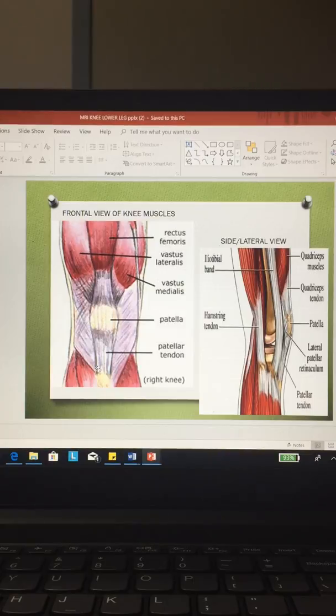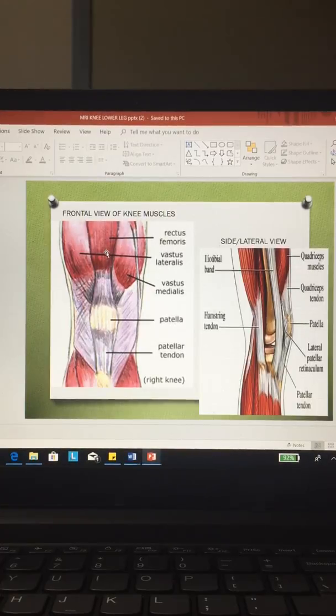But the patellar tendon attaches bone to bone, but we call it a tendon. The reason for that is because technically the quadriceps tendon and the patellar tendon are all in one, because the patellar tendon actually moves because of the quadriceps muscle.